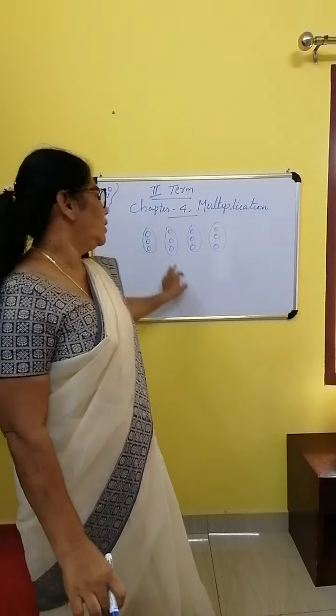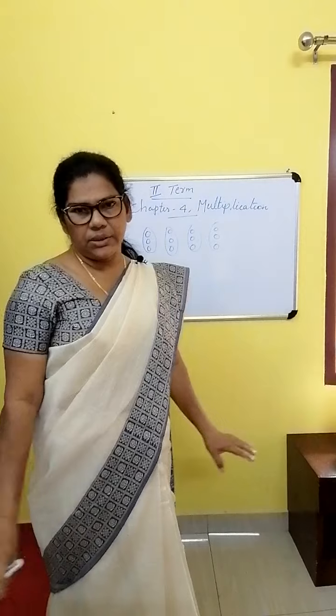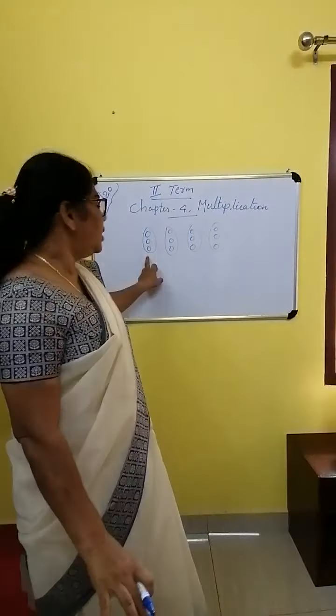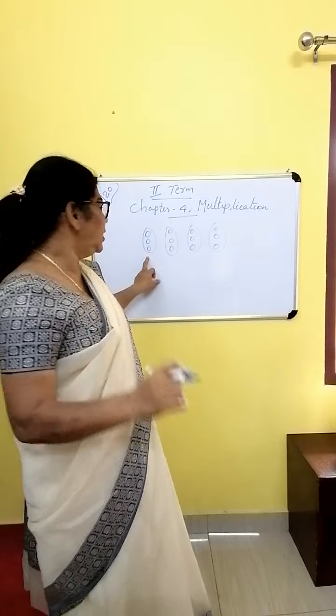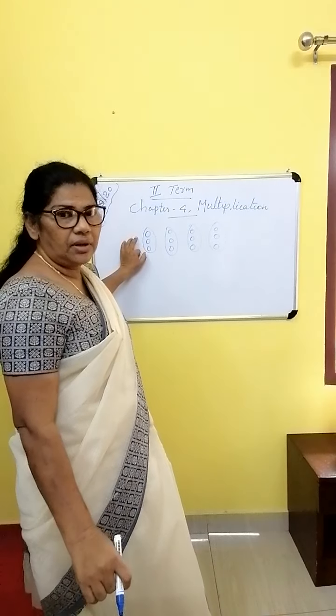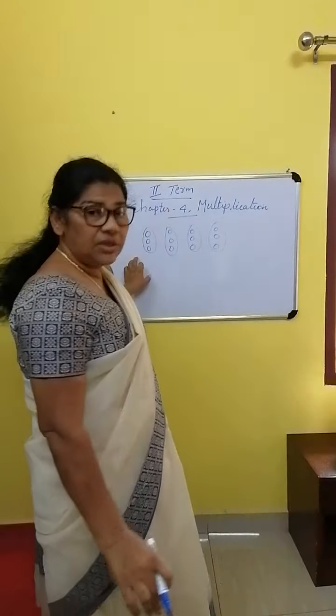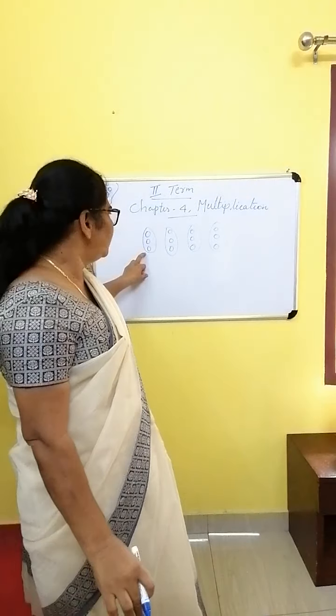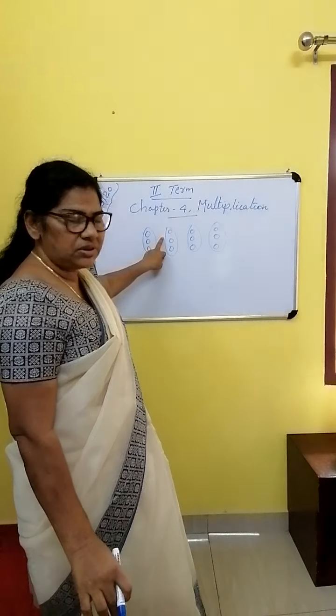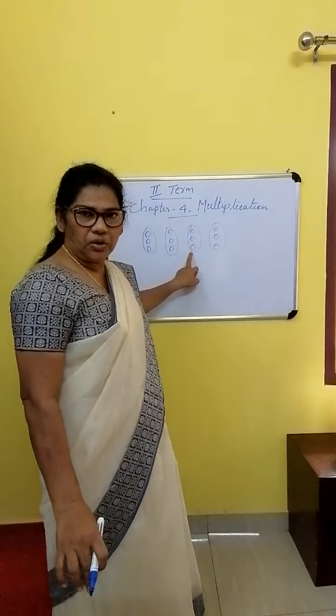Here we can see 4 groups of some objects. Each group has 3 objects. See, first group: 1, 2, 3. 3 objects in the first group. Second group also 3 objects. Third group 3 objects.